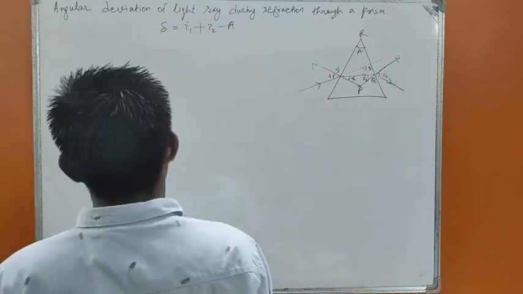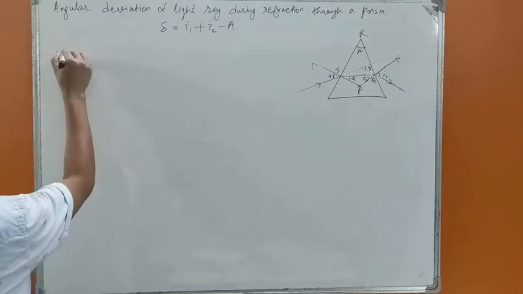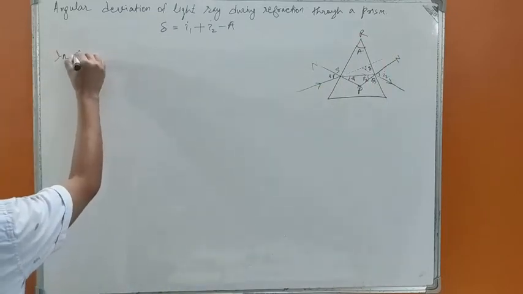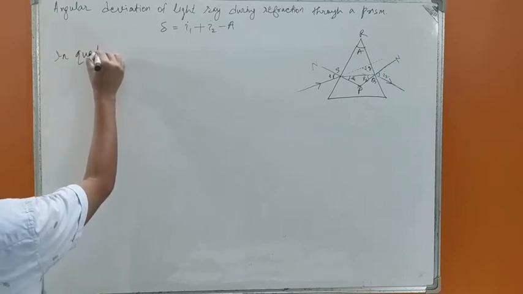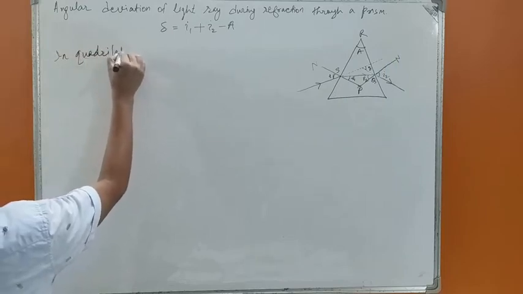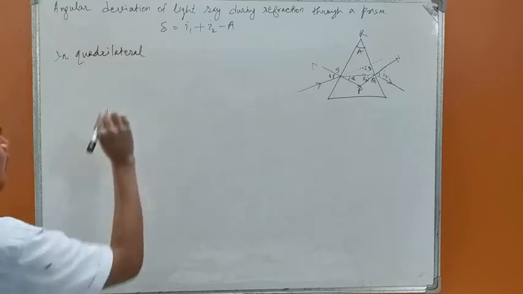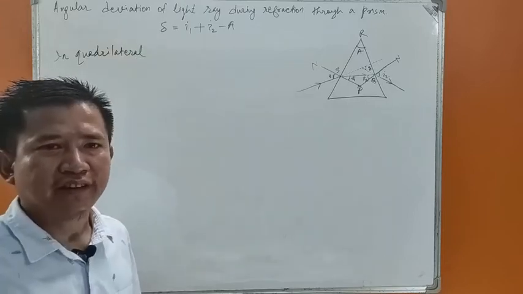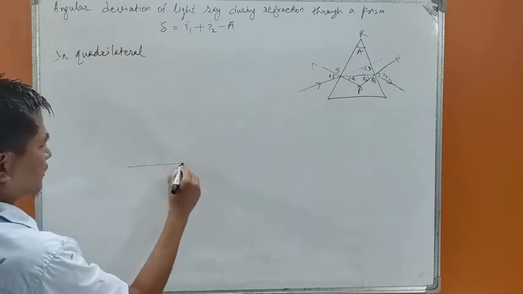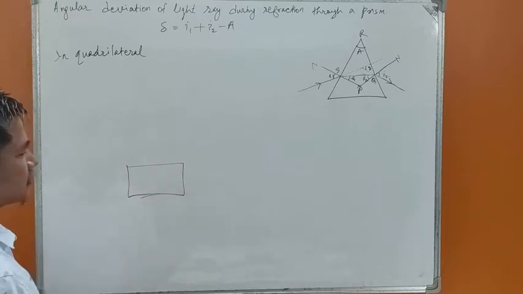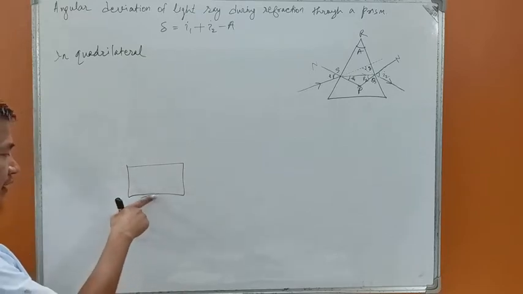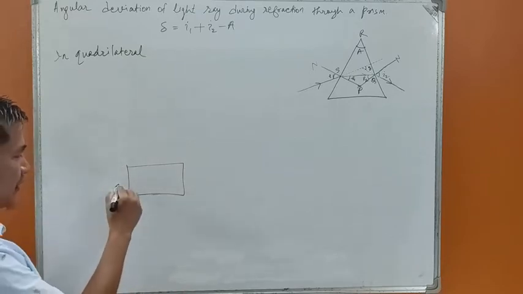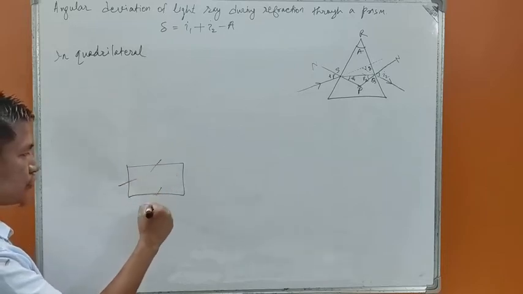Now in a quadrilateral, what does the term quadrilateral mean? Quadrilateral means a plane figure having 4 sides. Like this is a quadrilateral, isn't it? This is a rectangle, it has 4 sides: 1, 2, 3, 4.